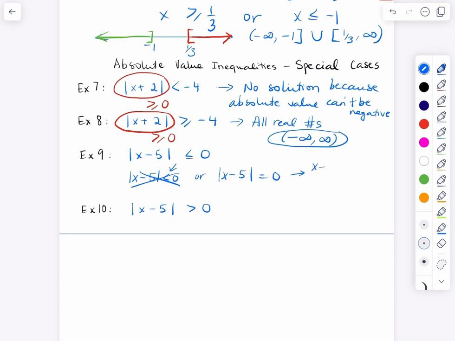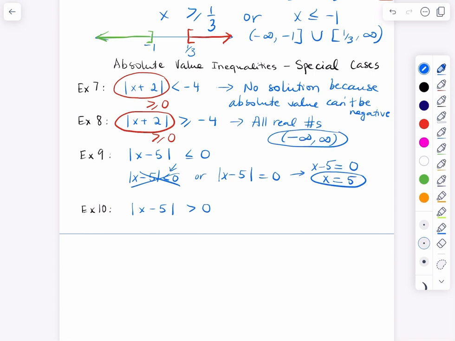So either x minus 5 is equal to 0, or x minus 5 is equal to negative 0. But negative 0 is just 0, so we really just have one scenario here. Add 5 to both sides, we should get x is equal to 5. So x is equal to 5 is the only solution for this example.